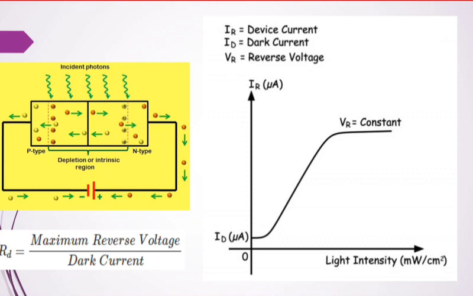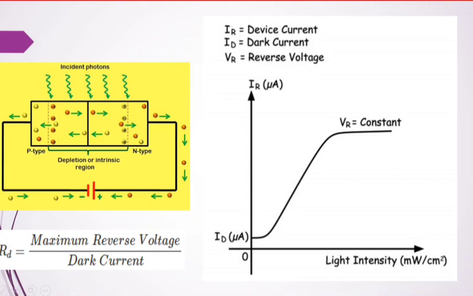Very little current will flow. If you irradiate more light, electrons will be generated, and then current flow will happen.